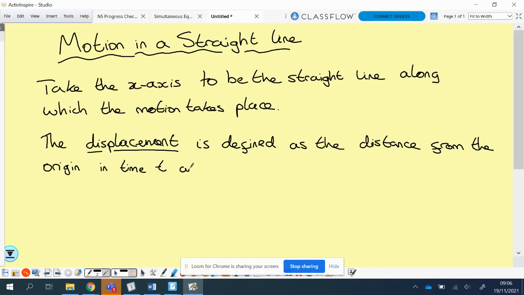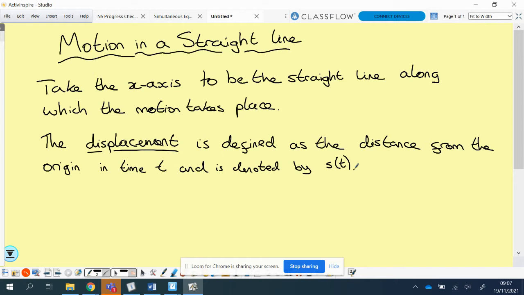Okay, and the notation we use for displacement is the letter S, and it depends on how many seconds something's moved along. Okay, so S with respect to t. So that's displacement. It means the distance along from the origin, how many seconds after we've started the motion.